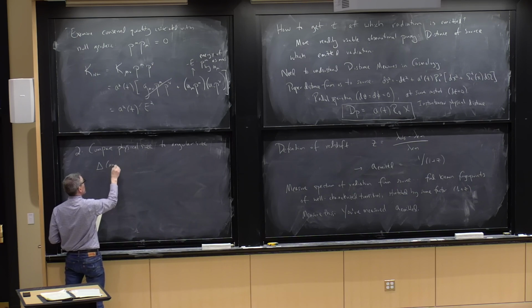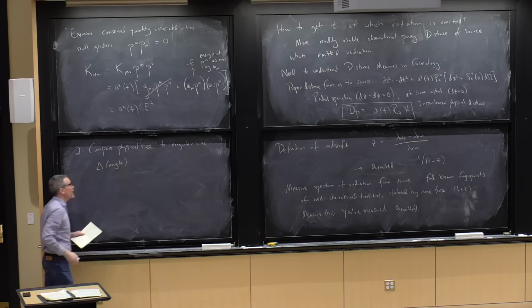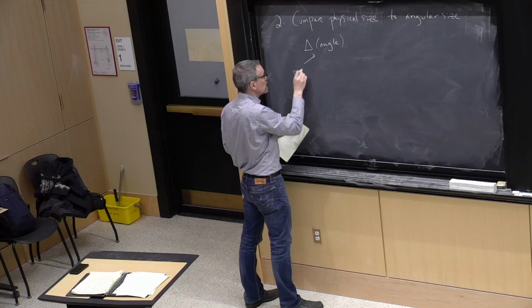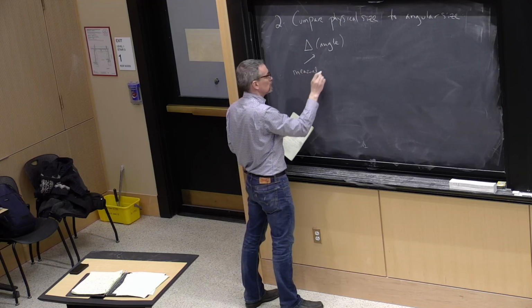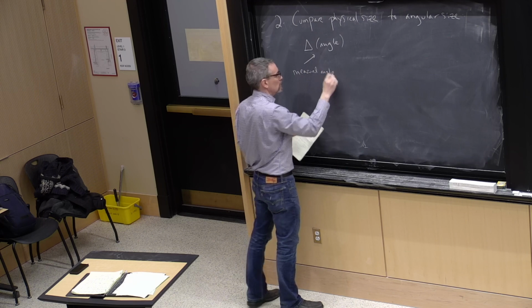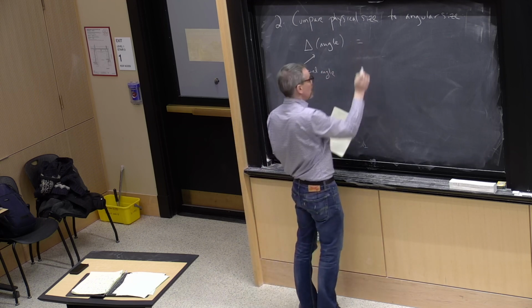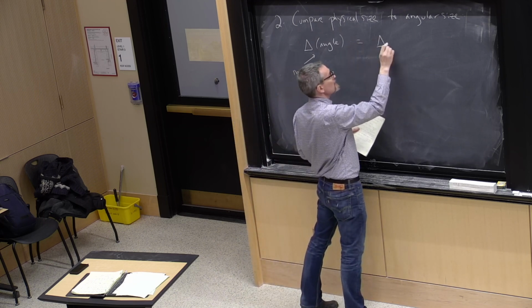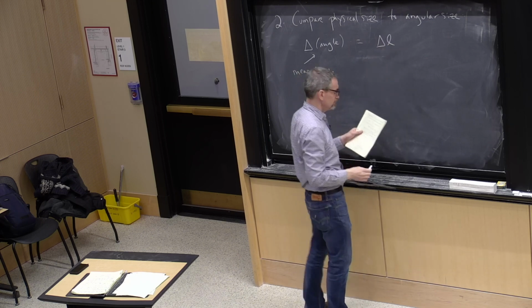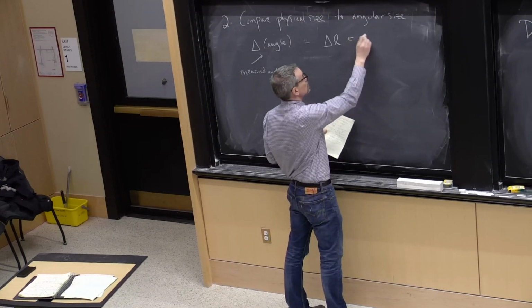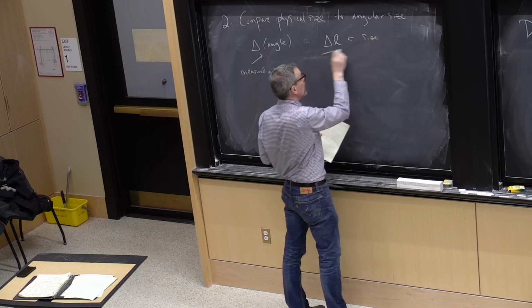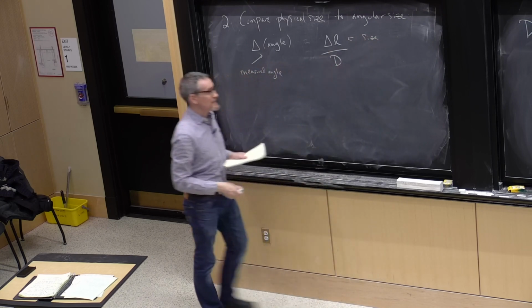The angle that the object subtends in the sky is going to be that intrinsic size, delta L, divided by the distance.